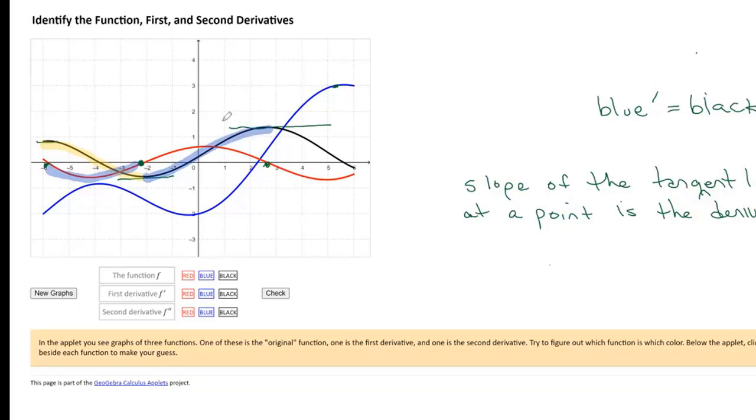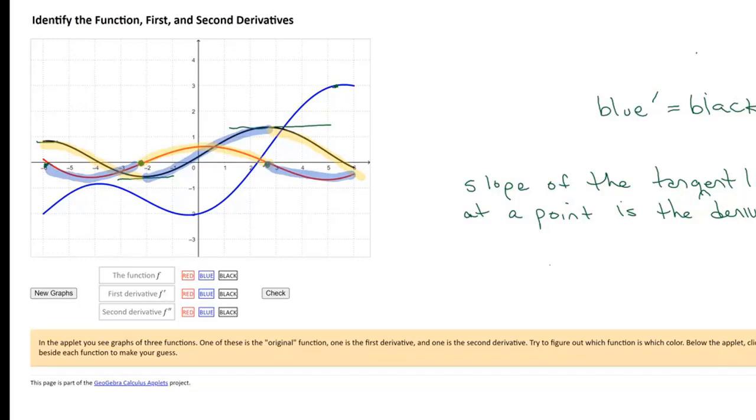And the tangent line is going to be positive. And notice from here to here, it's positive. And then again, from here to here, it's negative. And from here to the end, it's below the x-axis, so it's negative. We have it in the right order.